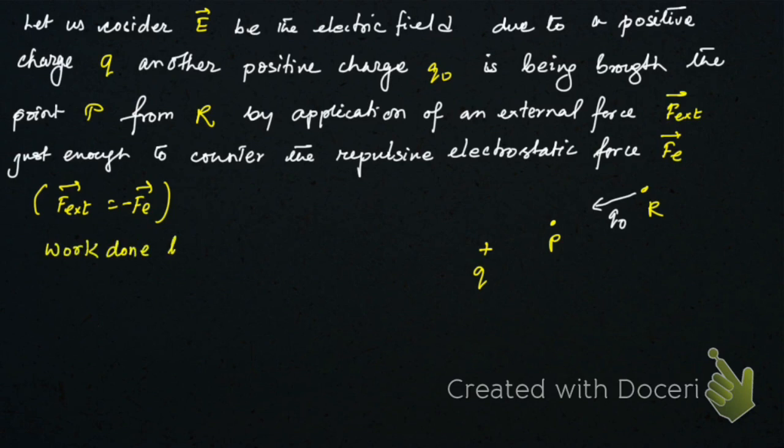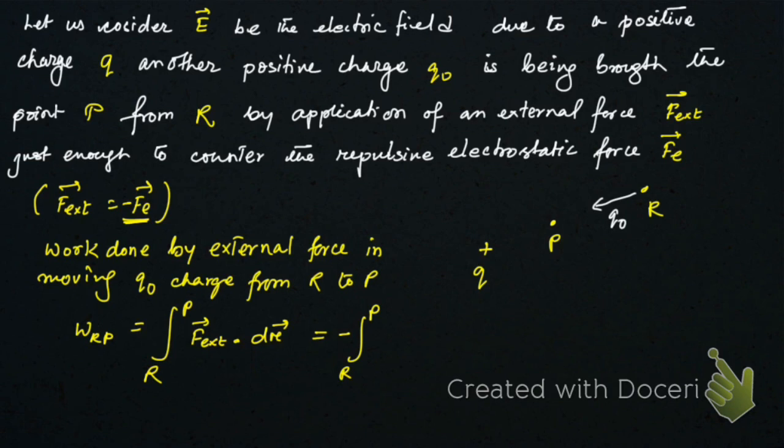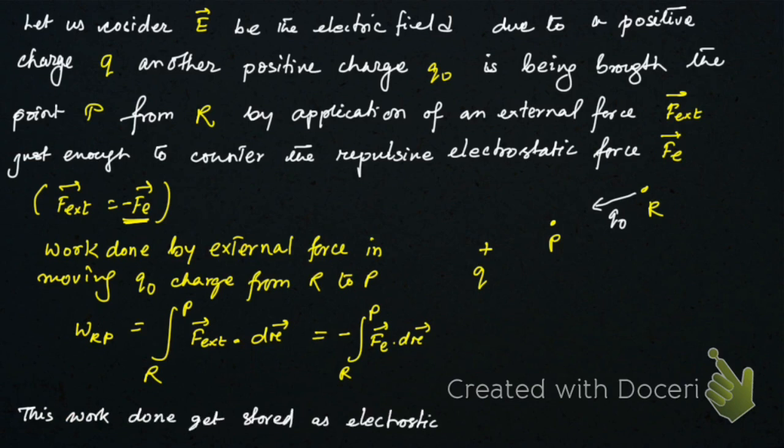Now the work done by the external force in moving charge q naught from R to P is given by W_RP, the integration from R to P of F_ext dot dr, where dr is the displacement. If F_ext is replaced by minus Fe, then this will be your expression, and this work done gets stored as electrostatic potential energy.